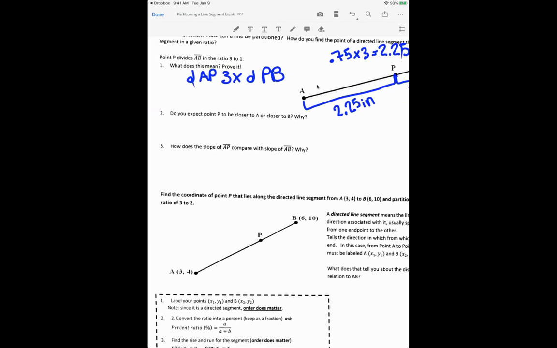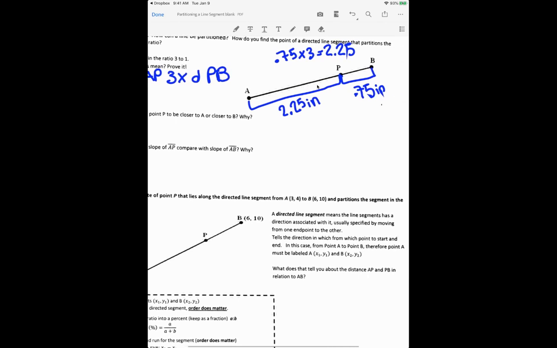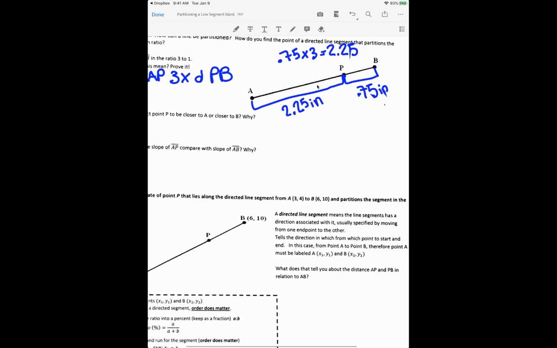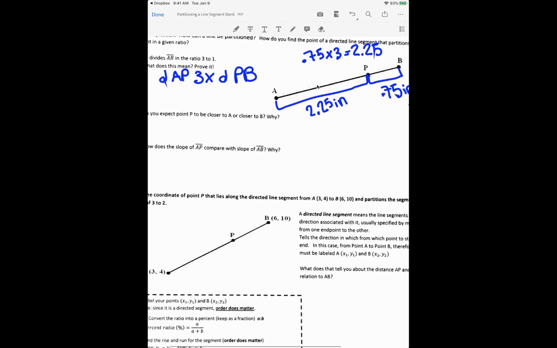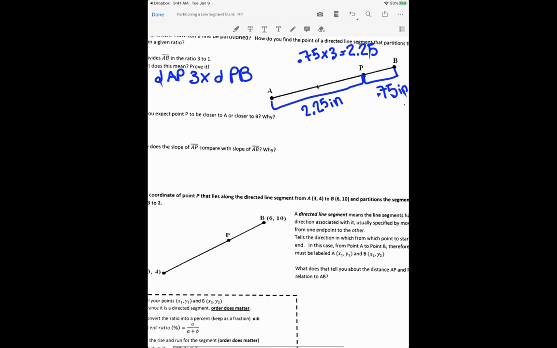Okay, so moving on, do you expect point P to be closer to A or closer to B? Because this is a 3:1 ratio, that basically means that point P is going to be 3/4 of the distance from A to B. So that would mean that P is going to have to be closer to B because the distance of AP is much greater than the distance of PB.